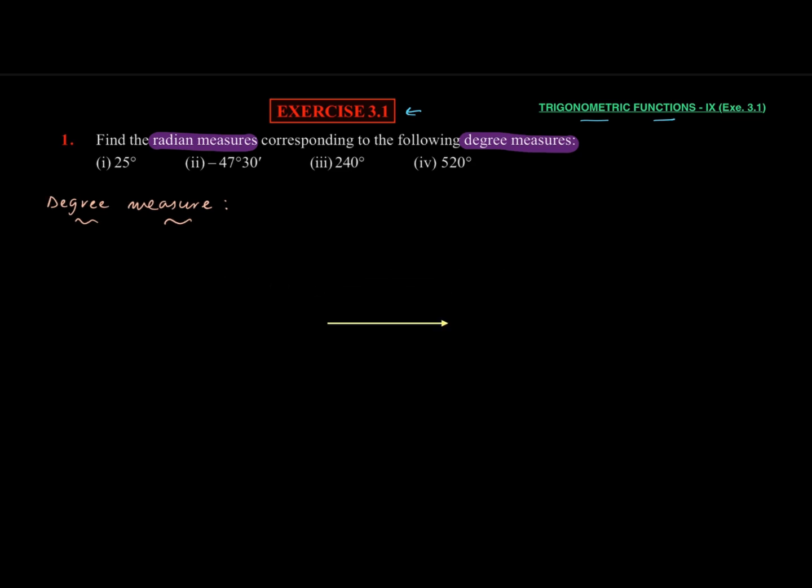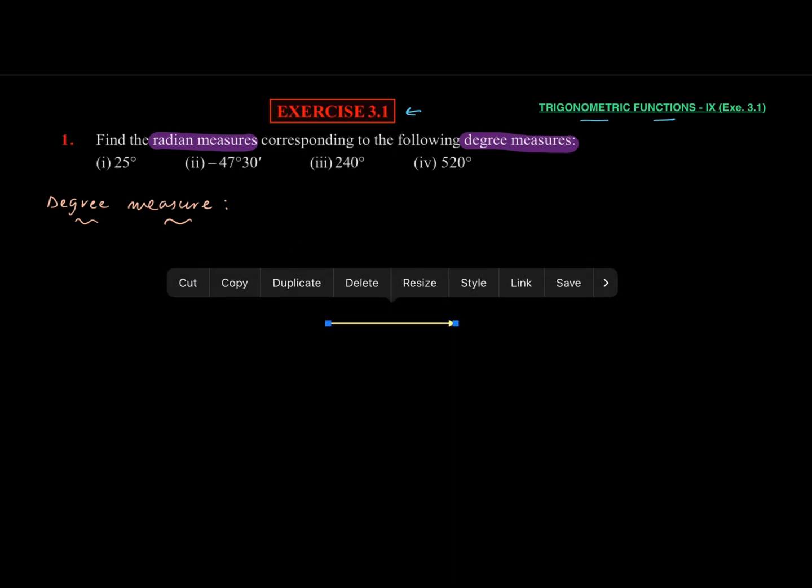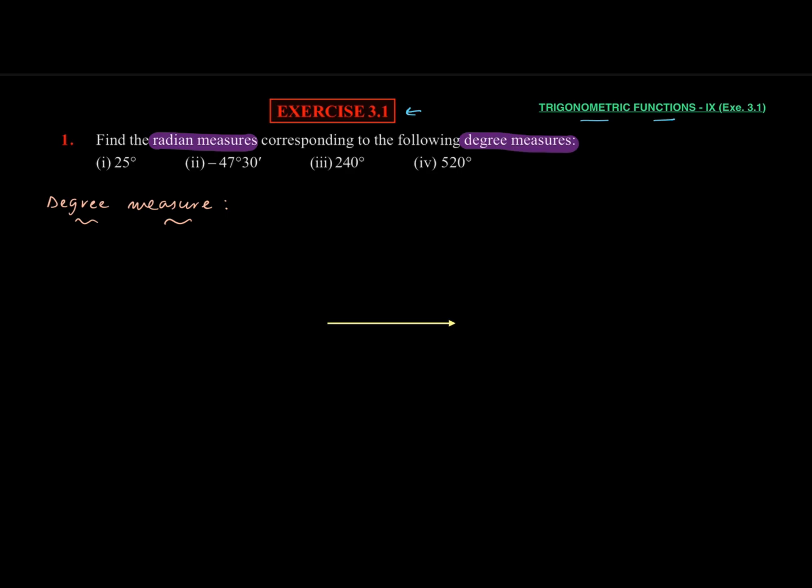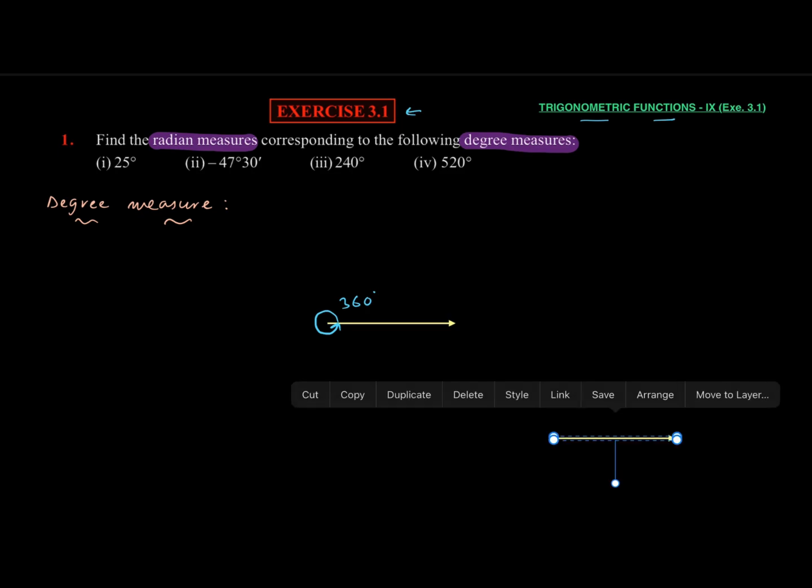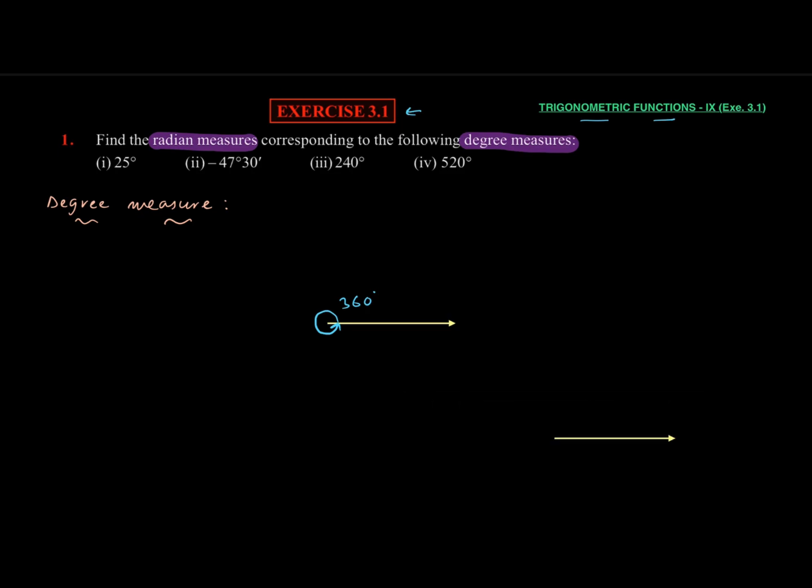Now suppose a ray takes one complete revolution and comes back to its initial position. So the total angle in this condition will be a complete angle, that is 360 degrees. Similarly, if a ray takes half of the revolution, so this here was our initial side and that one is our terminal side, this will be our 180 degree angle.